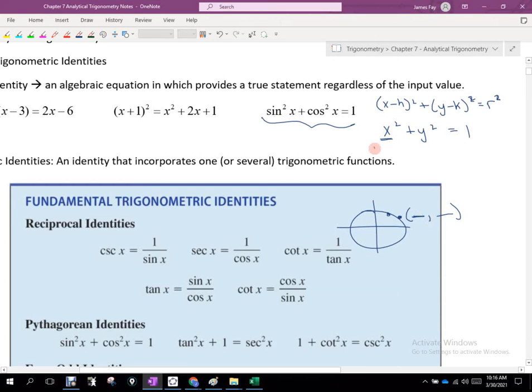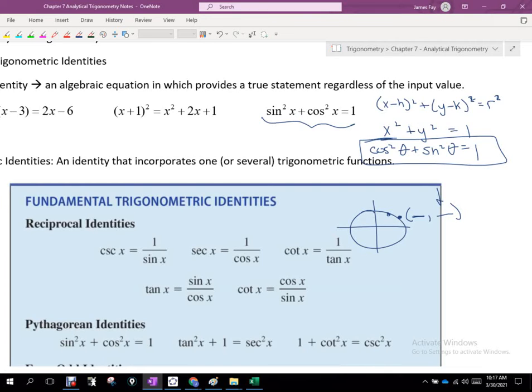So that x is replaced with cosine of t, or theta. I'll just put theta here. And then every y value is sine. So that's where that identity comes from. That's why that's true. Okay? So cosine squared plus sine squared equals 1.